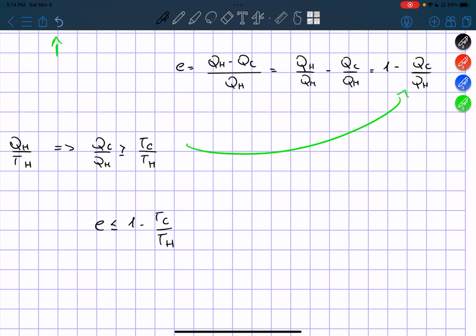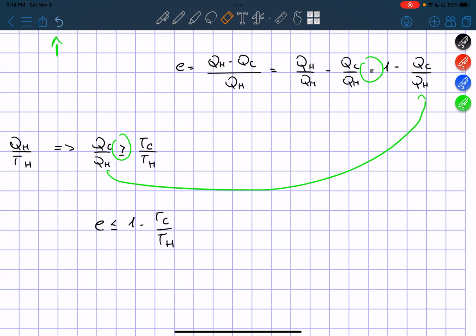This is because here we're talking about an equal, but here we're talking about greater than or equal. And when we substitute something into a greater than or equal, the sign on the left can still be equal, but it will also be less than.